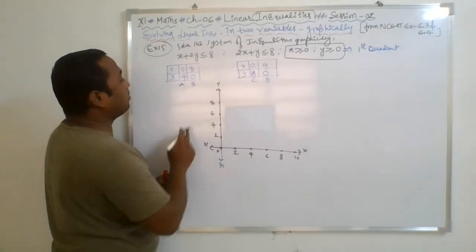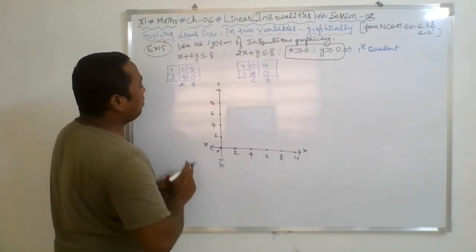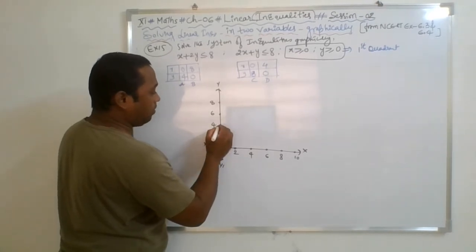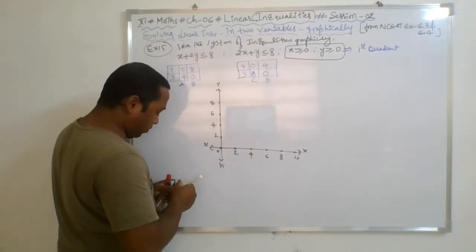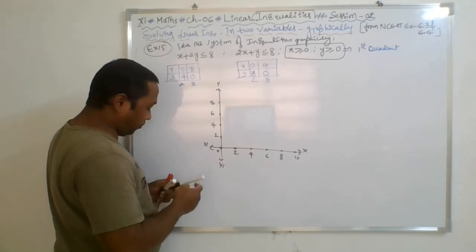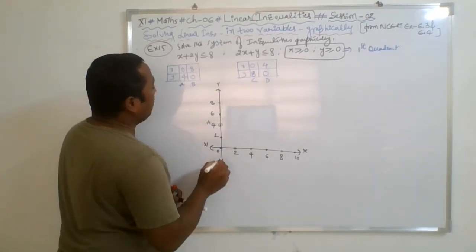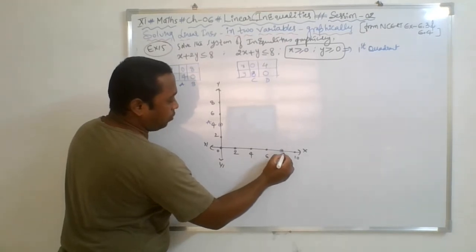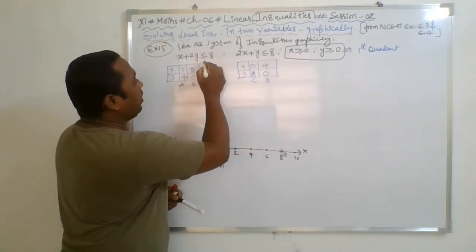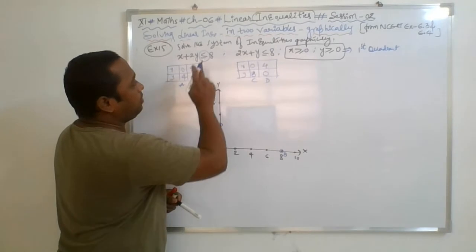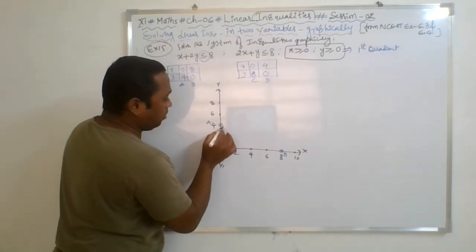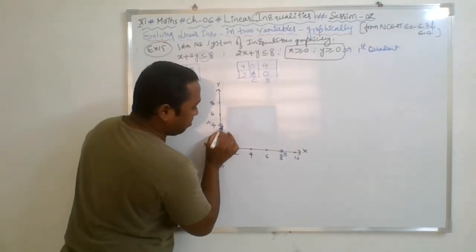First I am plotting point A, 0 comma 4. This is the first point A and this is the second point B. Now how to join? With a darkened line because it involves the equal to sign.